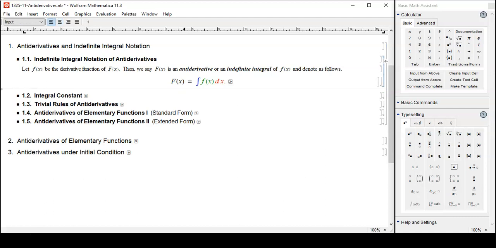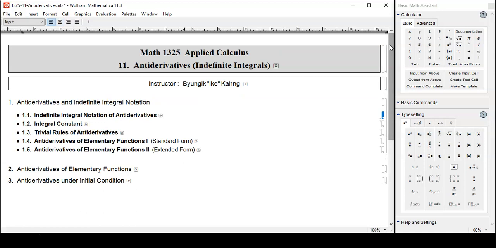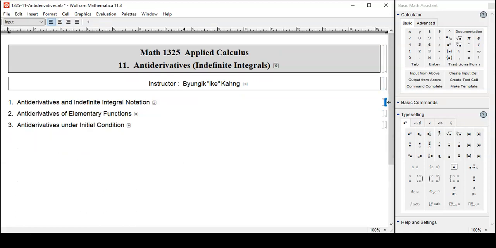Okay, those are notational issues and all those terminologies. Looks like we'd better talk about the derivative rules and antiderivative rules in the next video. So okay, let's stop here and let's come back to section 1 again. See you soon.